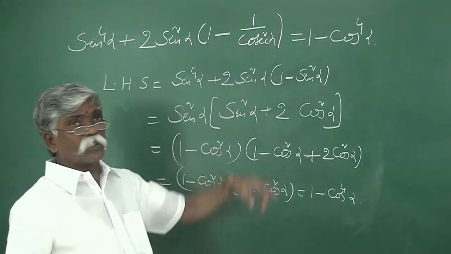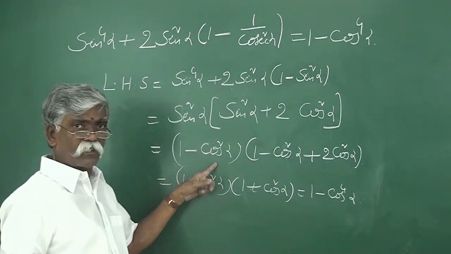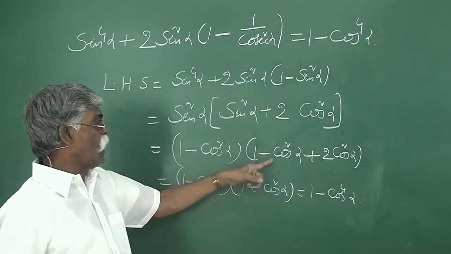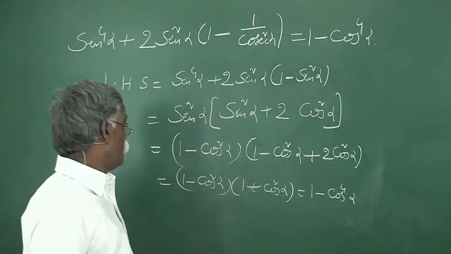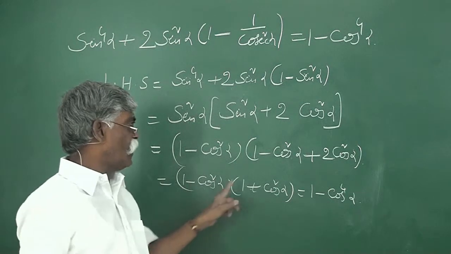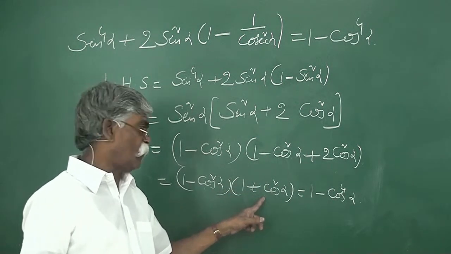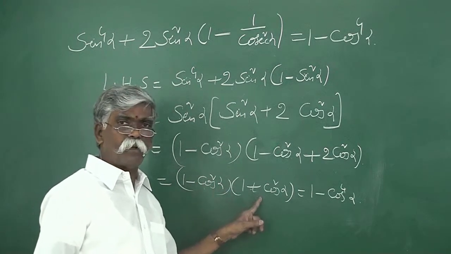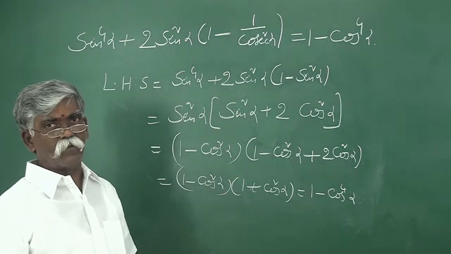Now the answer is expressed in terms of cosines. Therefore this is written as 1 minus cos square alpha. This is also 1 minus cos square alpha plus 2 cos square alpha. Therefore this is 1 minus cos square alpha. This is minus and this is plus. Therefore this is 1 plus cos square alpha. A minus b into a plus b, a square minus b square means 1 minus cos power 4 alpha.